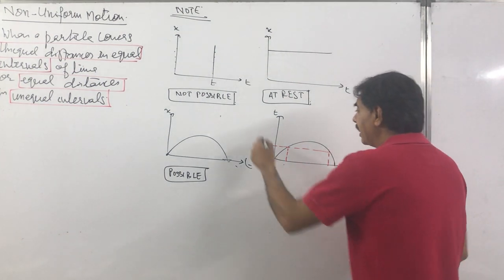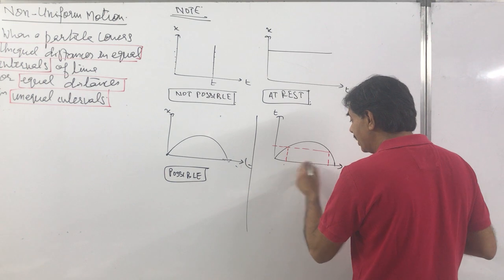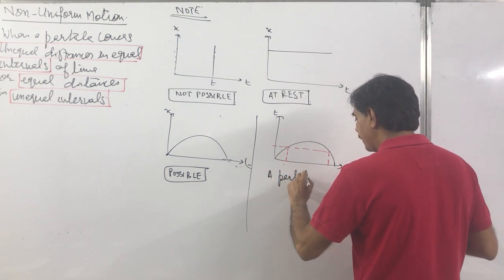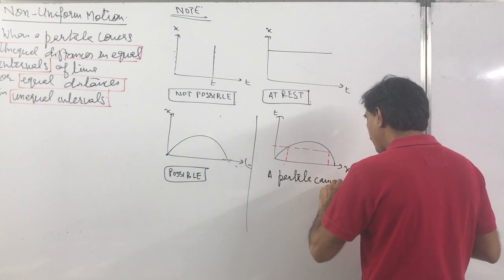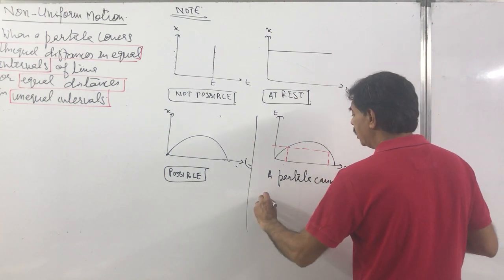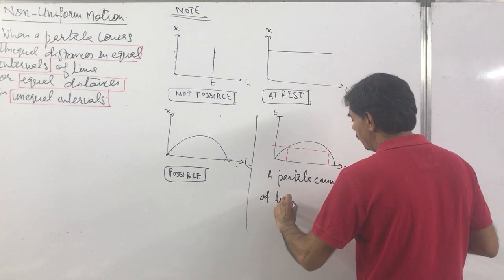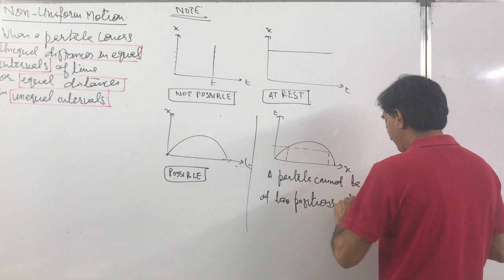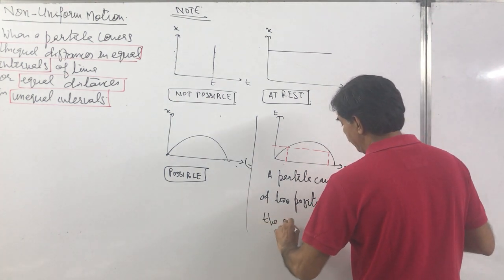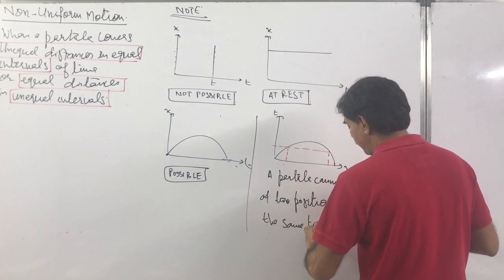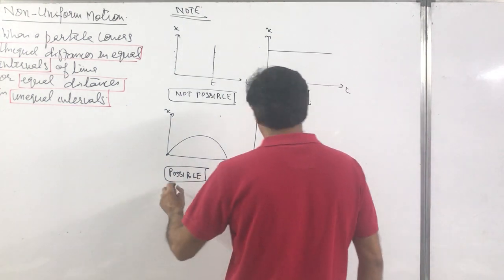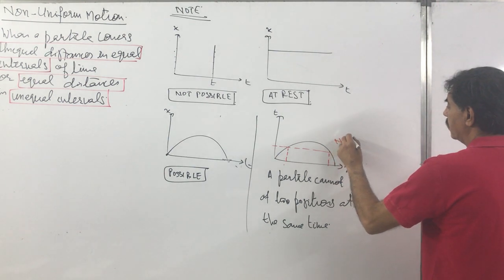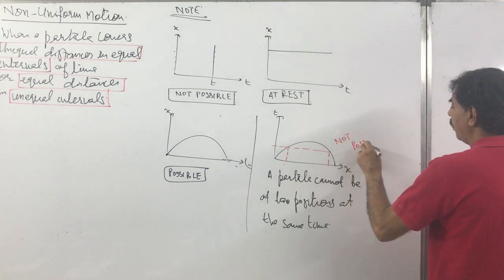This means that a particle cannot be at two positions at the same time. So not possible. Such a motion is not possible.